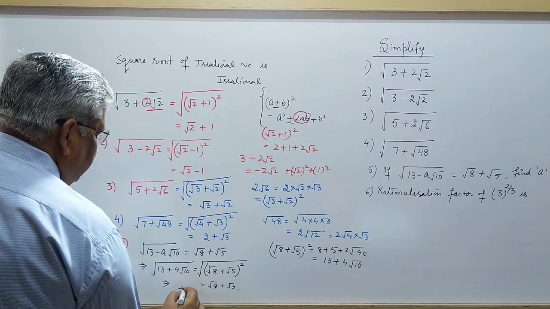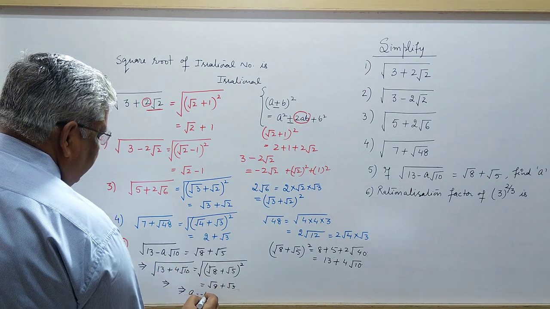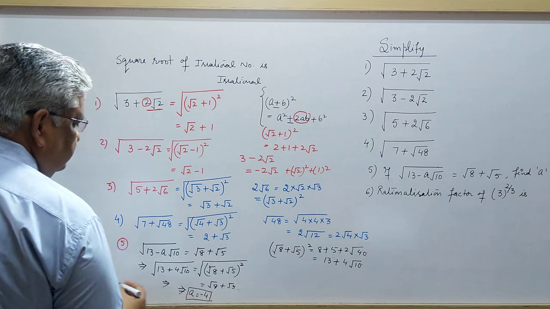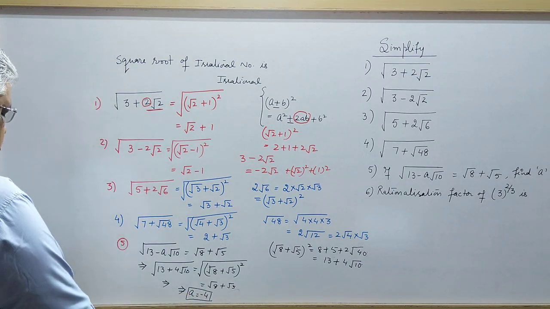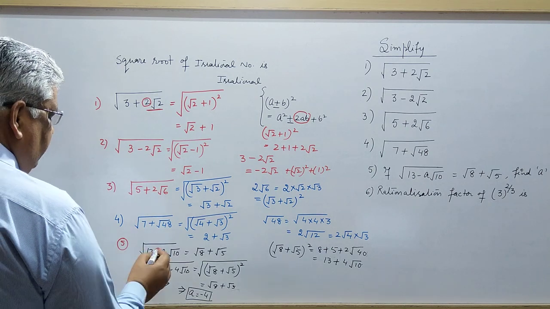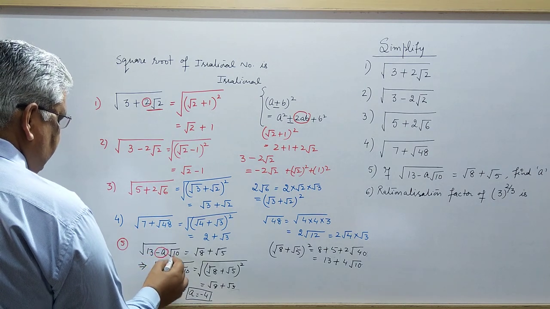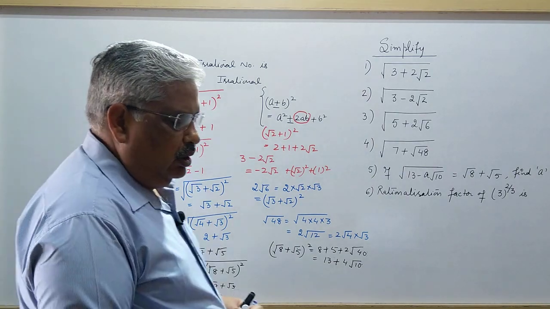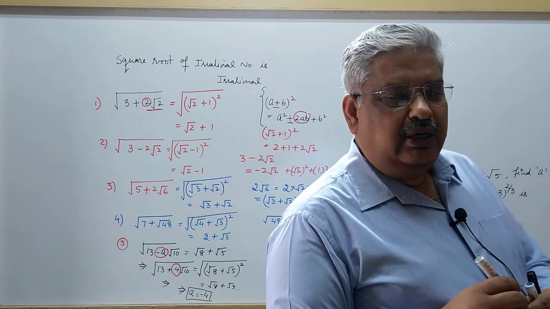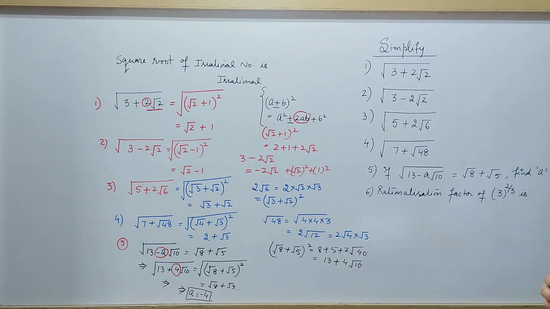And if you compare, this implies a is equal to minus 4. Answer will be a is equal to minus 4. If you compare, this is minus a and this is 4. So this is a very simple and shortcut method to find out the square roots. In all the questions, I hope you can easily make out the square roots.